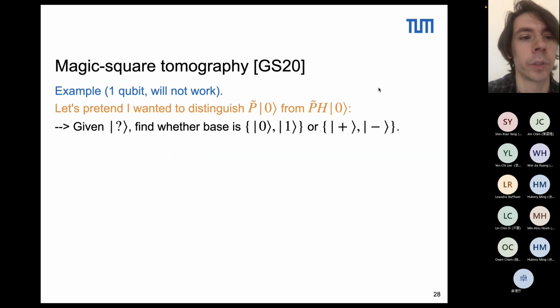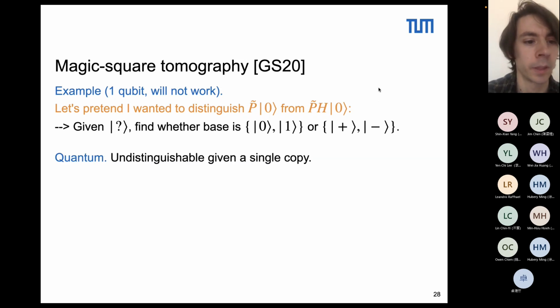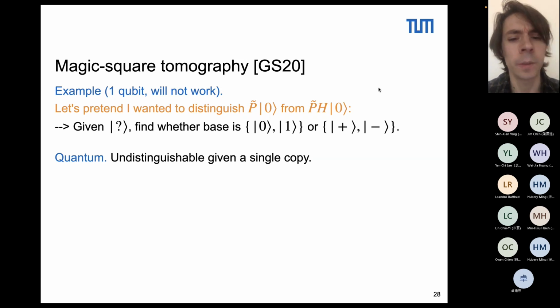And this is in the adversarial possibilistic simulation context. If I'm given a single copy of the state, in quantum mechanics, they are indistinguishable. They are both represented by a completely mixed density matrix. So I make one measurement, I obtain one completely random outcome, and that's it. I will not be able to tell them apart.